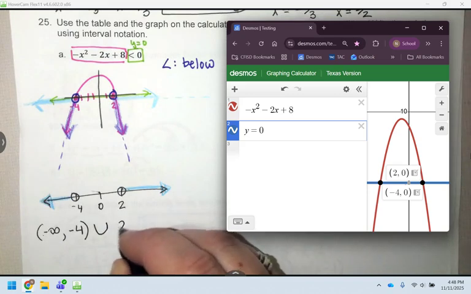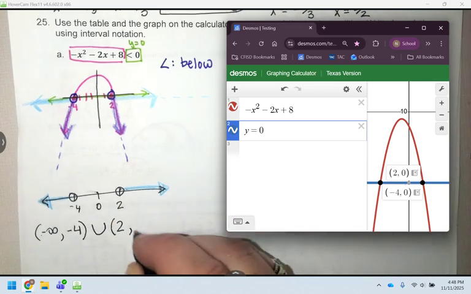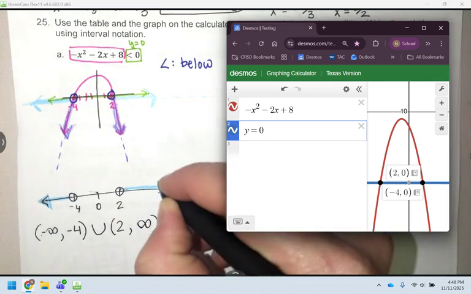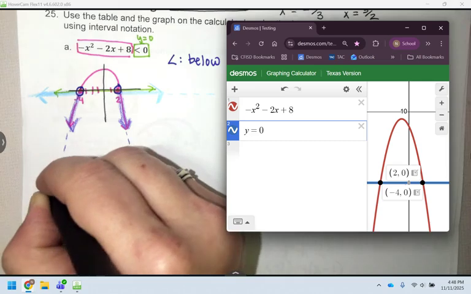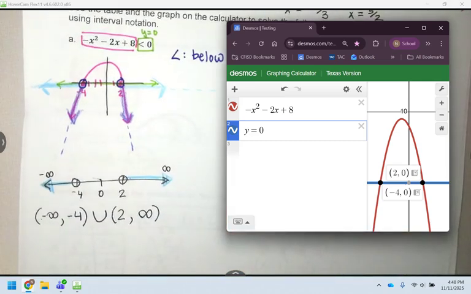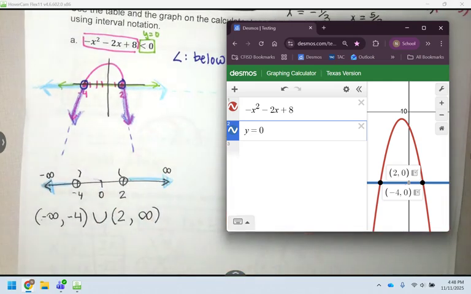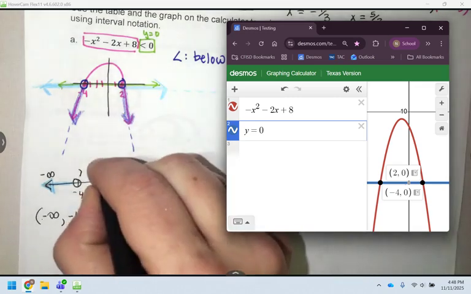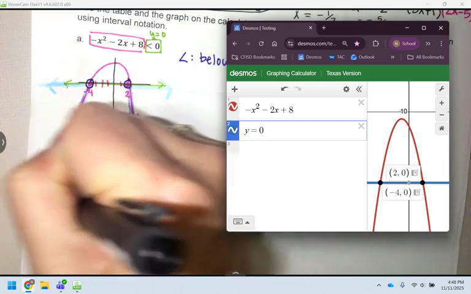Starts again at 2, again, open circle, not included, parentheses, and then it continues going. Remember, an arrow pointing to the right is positive infinity, an arrow pointing to the left is negative infinity. Open circle is parentheses. If there is a break, there's a union symbol. This is my solution.